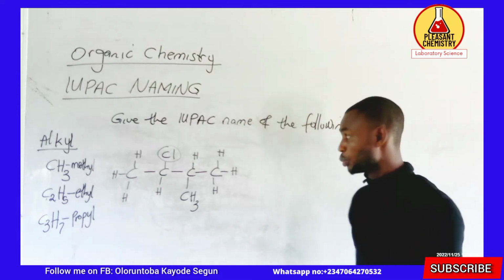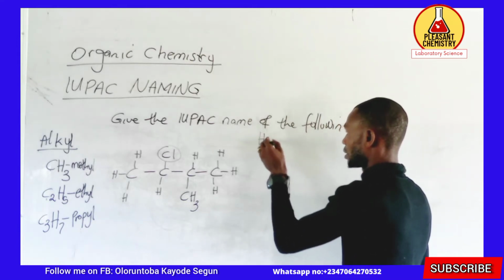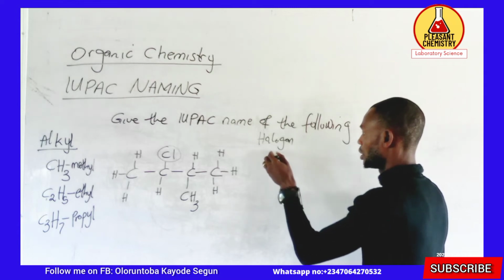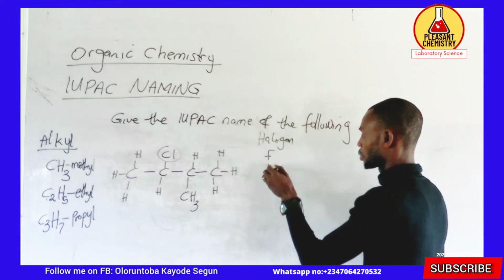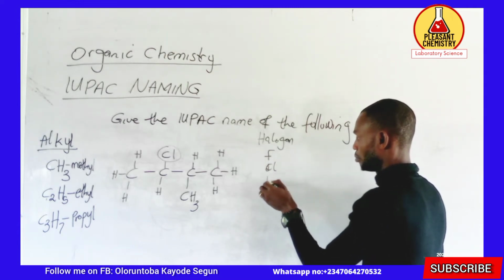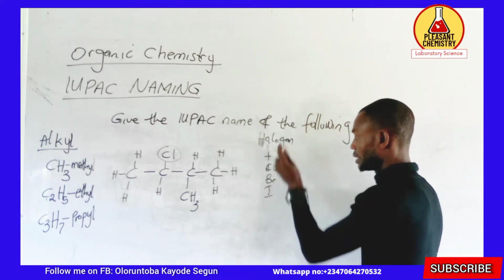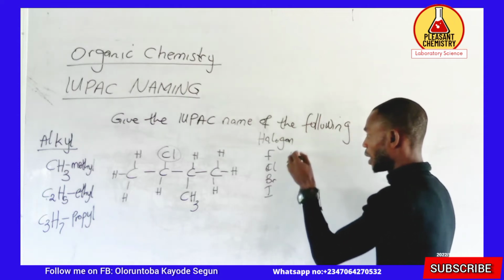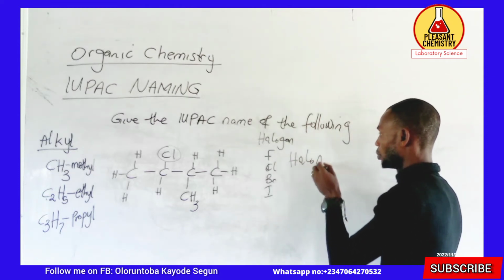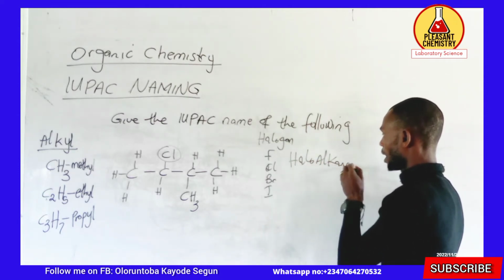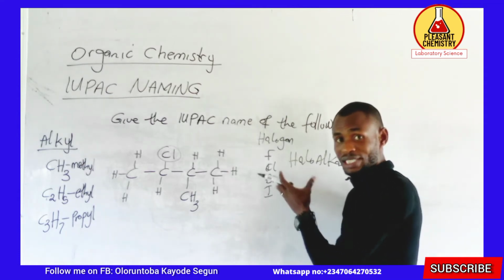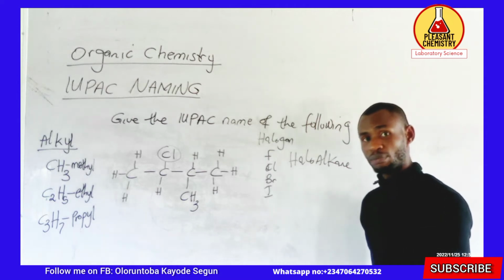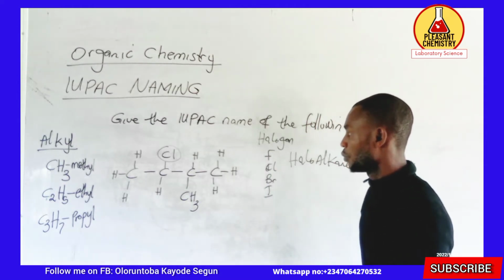Halogens are group 7 elements which include fluorine, chlorine, bromine, iodine. They are called halo groups. And then we also have haloalkane. Haloalkane means when we have any halogen atom combined with the family of alkane.